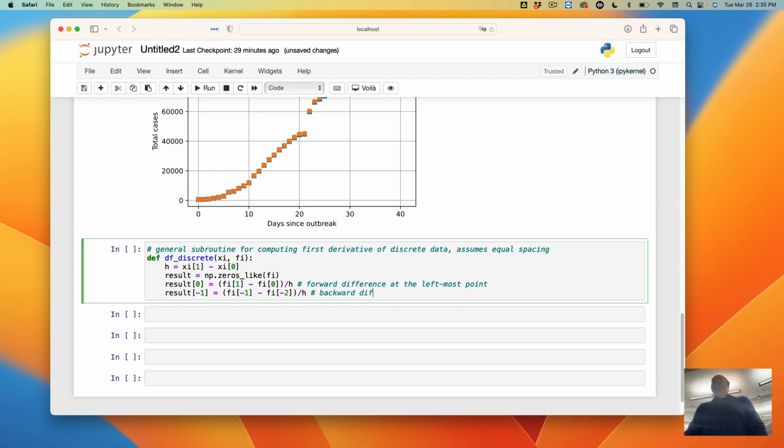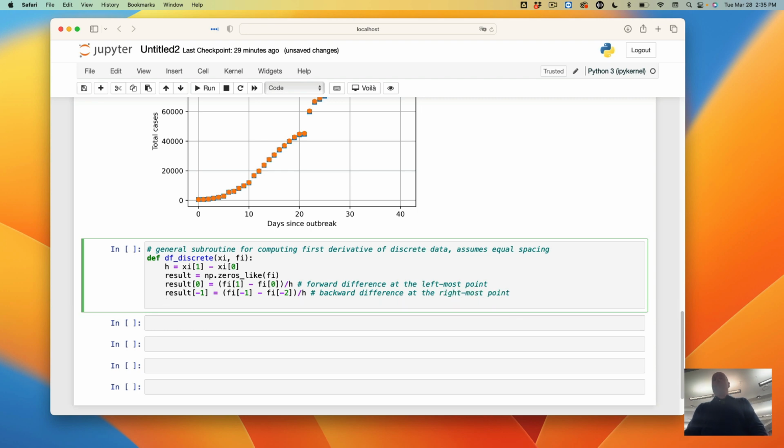So backward difference at the rightmost point, right? And then in the middle, result, if you remember the splicing, so going from 1, so i equal 1 to n minus 1, those points, we can evaluate the derivatives there using a central differencing scheme.